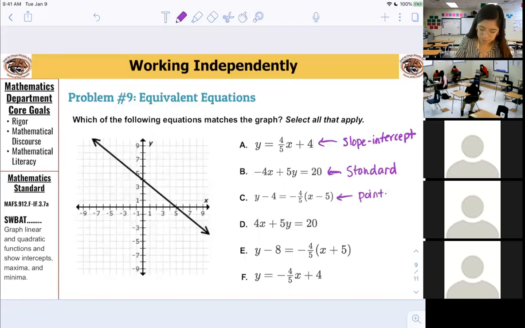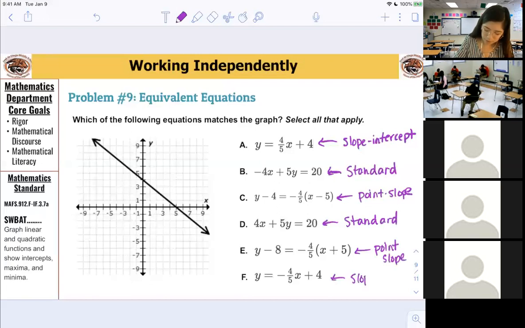Good. D. Standard. E. Point slope. And finally, F. Slope-intercept. Okay, awesome. So that's going to help me out because each one is in a different form, so I have to do a different thing for each one.